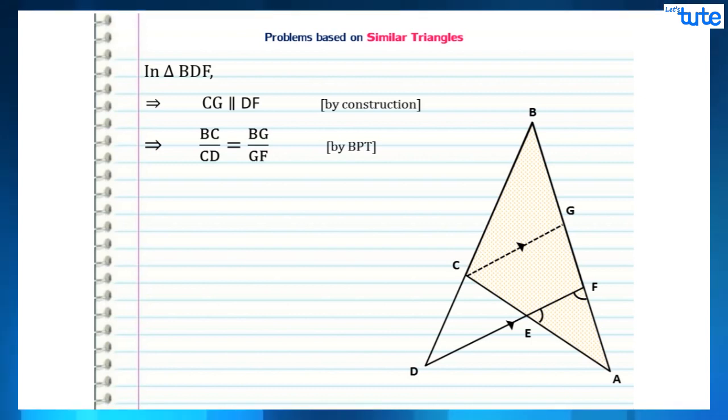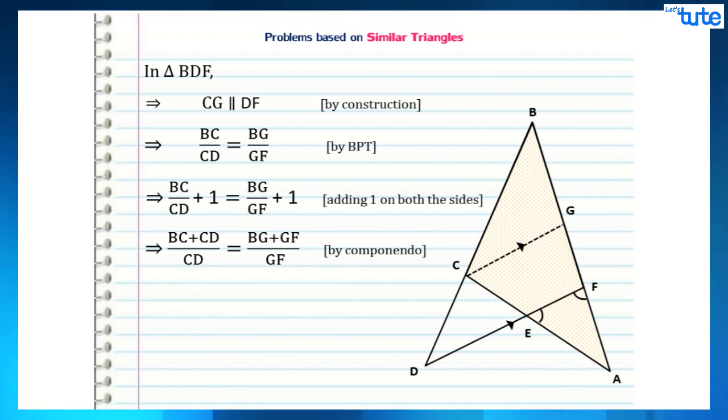By adding 1 on both sides and using componendo, we get BC upon CD plus 1 equals BG upon GF plus 1, which gives us BC plus CD upon CD, which equals BG plus GF upon GF. Now since BC plus CD is nothing but BD and BG plus GF is nothing but BF, we get BD upon CD equals BF upon GF.